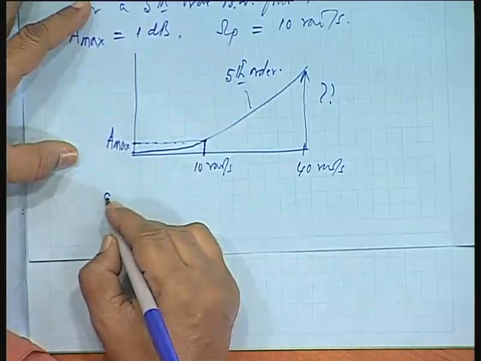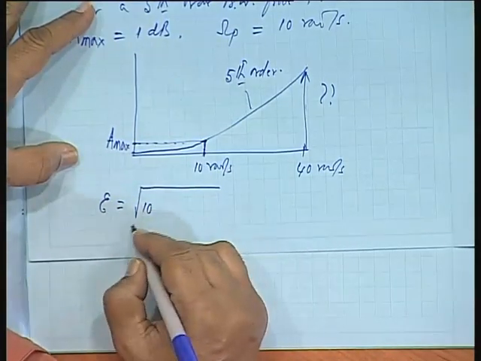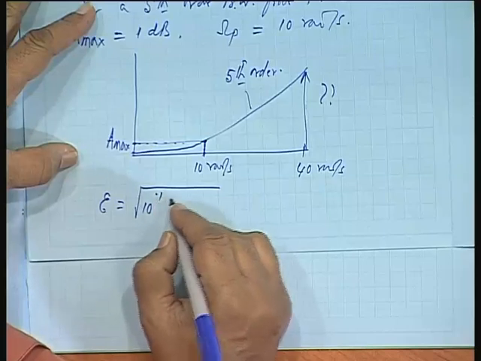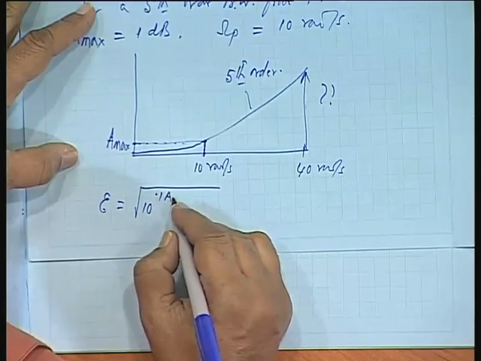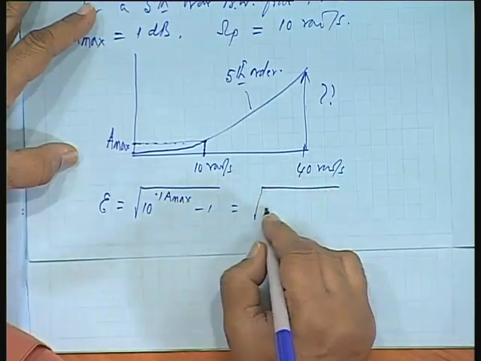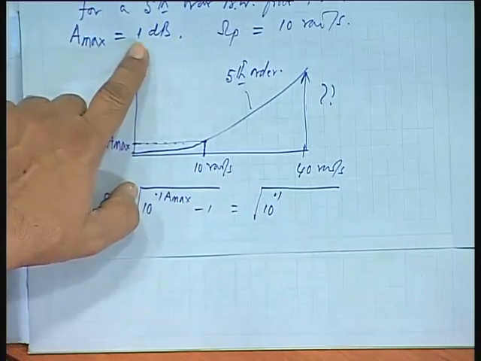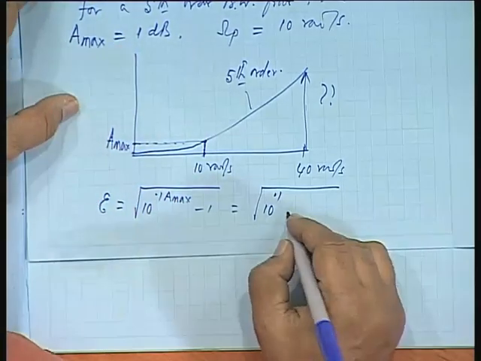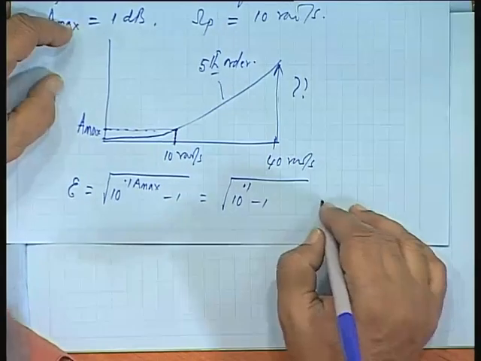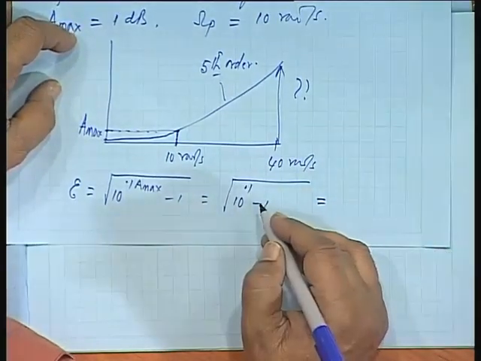So, epsilon is root over of 10 to the power 0.1 A max minus 1. So, that gives me 10 to the power 0.1 and A max is given 1 dB. So, 0.1 into 1 minus 1. So, 10 to the power 0.1 is how much?